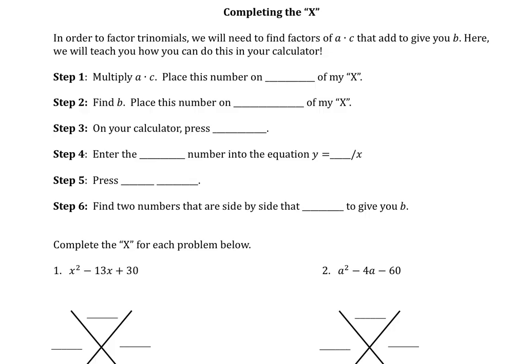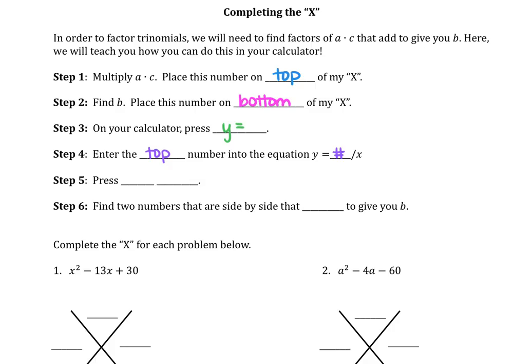First, step 1, we're going to multiply a times c, and we're going to place this number on the top of our x. Then we're going to find our b term and place this number on the bottom of the x. And on our calculator, we're going to press the y equals button, and we're going to enter the top number into our equation in the form of y equals that number divided by x.